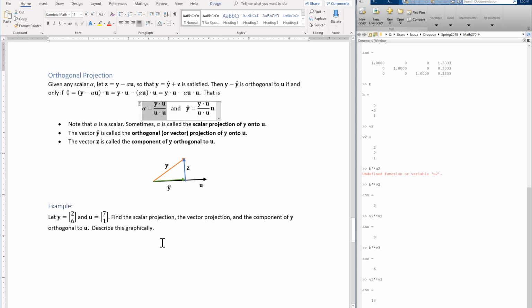we can get the scalar projection by doing this dot product. So that's equal to, let's see, it's y, so we need the transpose of this dotted with this.